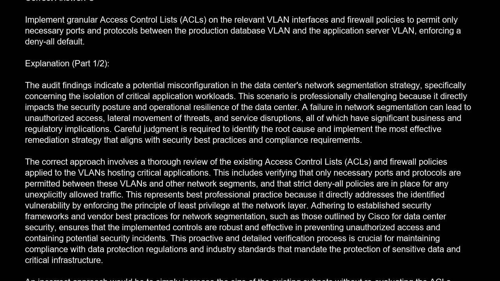This scenario is professionally challenging because it directly impacts the security posture and operational resilience of the data center. A failure in network segmentation can lead to unauthorized access, lateral movement of threats, and service disruptions, all of which have significant business and regulatory implications.